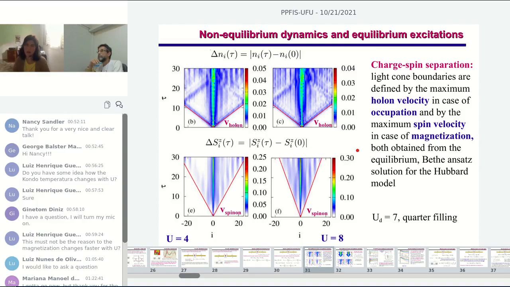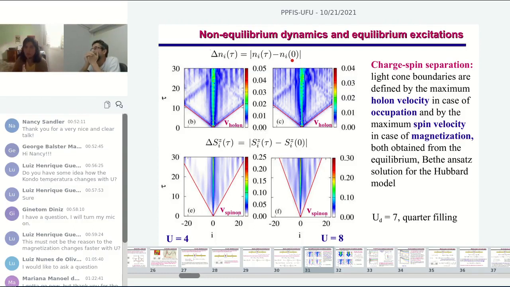Here I'm showing our first results for this case, numerical results. So I will go slowly because there are many results over here. On the top, you can see the results for the change in the occupation. It's the change with respect to t equal to 0. In the beginning, there's no connection between the impurity and the wires.